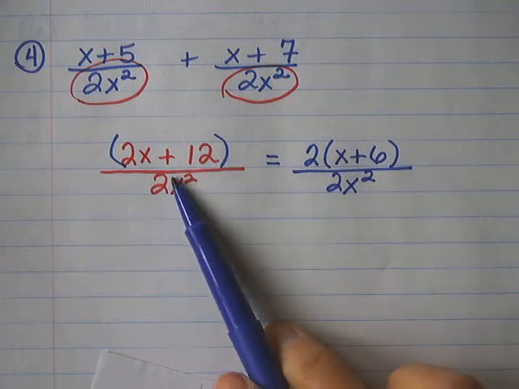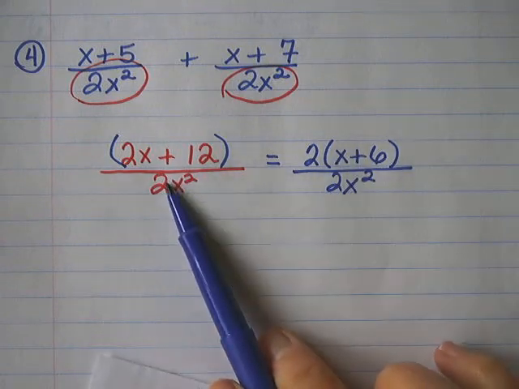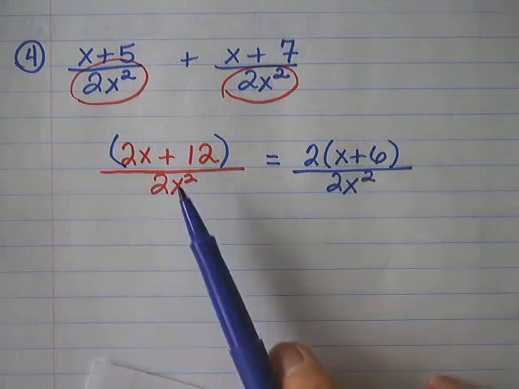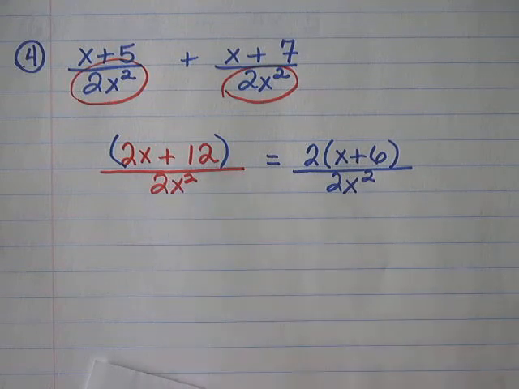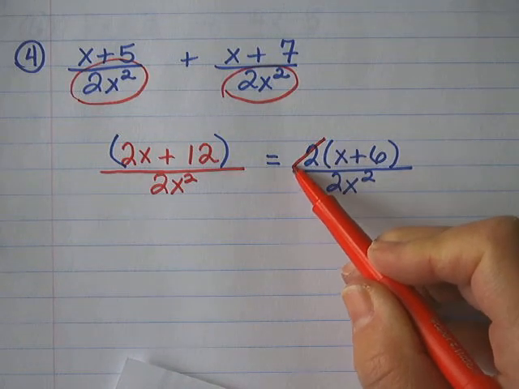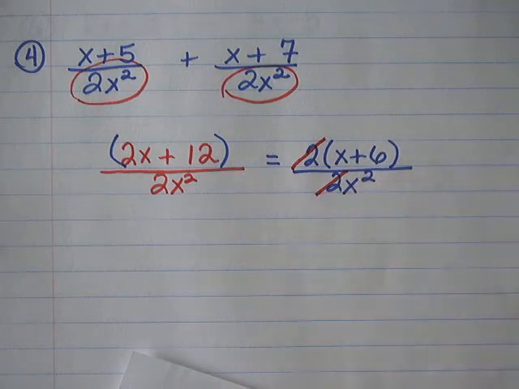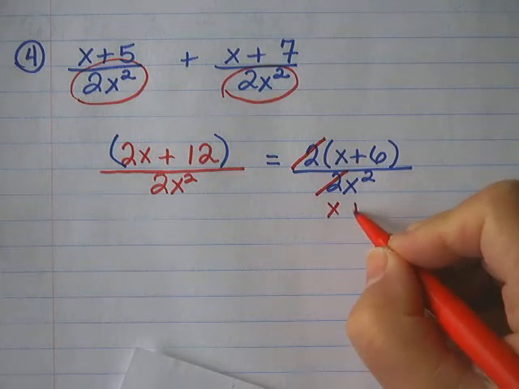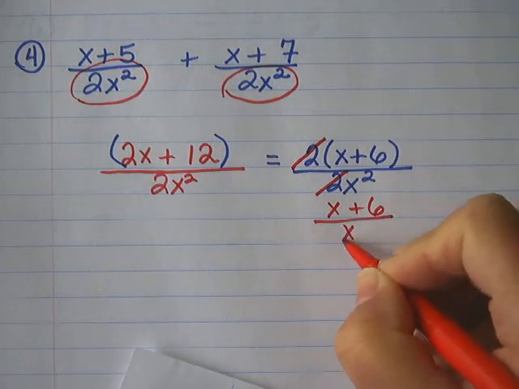Can we agree that these two things are the same? This is just a rewriting of this. Now, because I have something outside of the family, I can cancel it with that too. So now my final answer here is going to be x plus 6 over x squared.